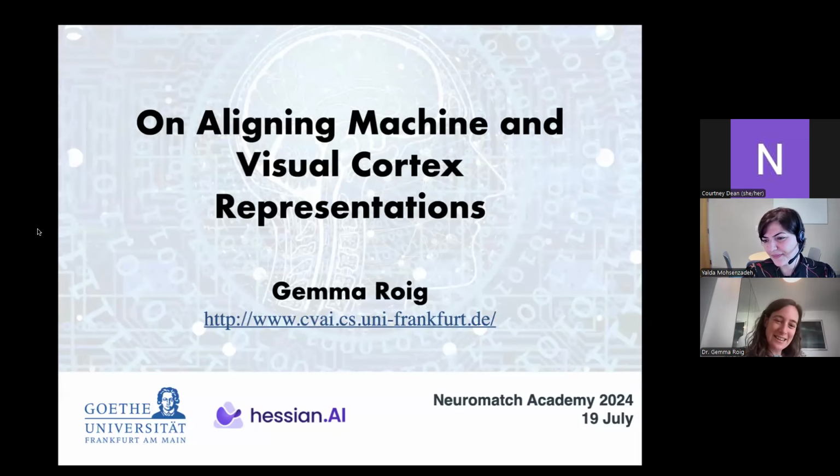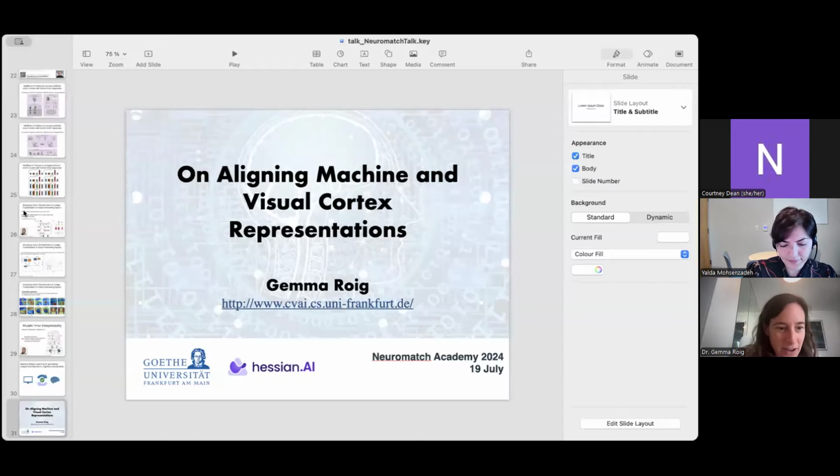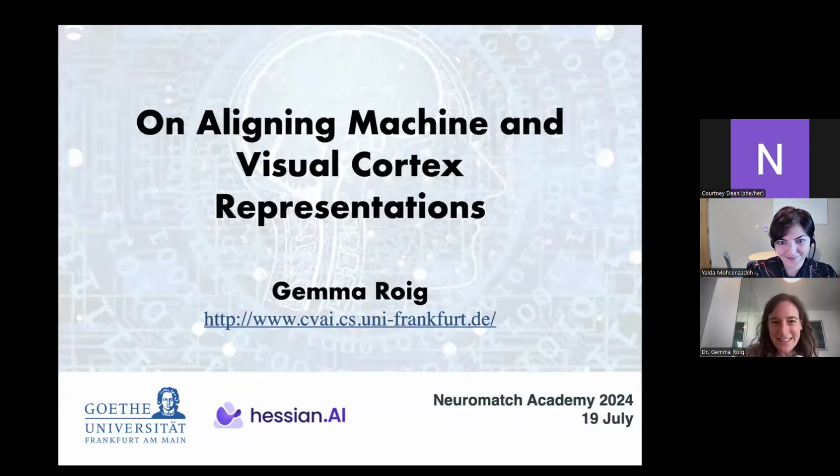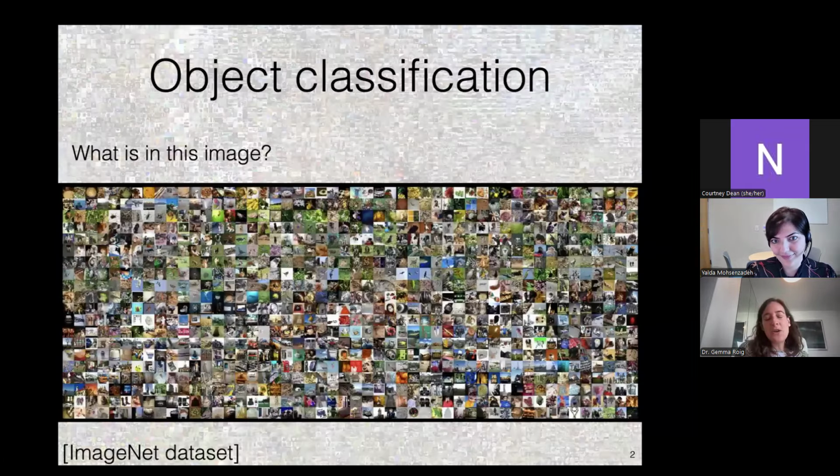So, as Yalda said, I am Gemma, and today I'm going to talk about aligning machine and visual cortex representations. I'd like to start my talk by introducing the object classification task, which is the question of answering what is in this image, which object is present in this image.